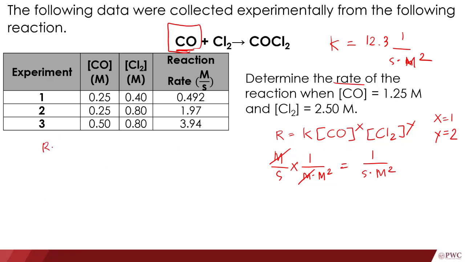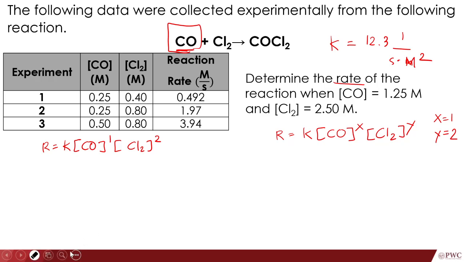So we have the rate is equal to K times the concentration of CO raised to 1, and then the concentration of Cl2 raised to the power of 2. So we can now plug in all the values, the given, and then the determined values, the K, the X, and then the Y. So here we have the rate is equal to the K, the constant here is equal to 12.3, 1 over seconds molar squared.